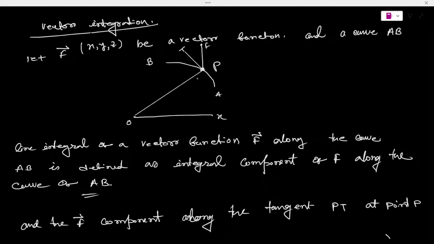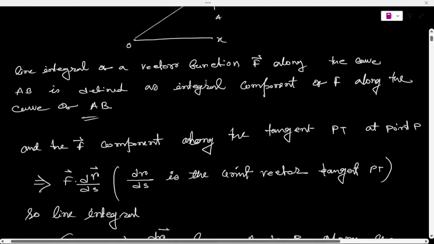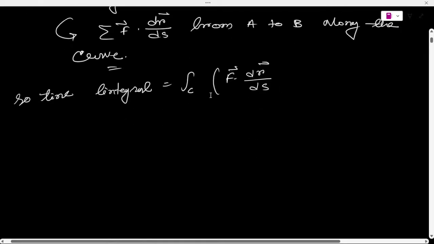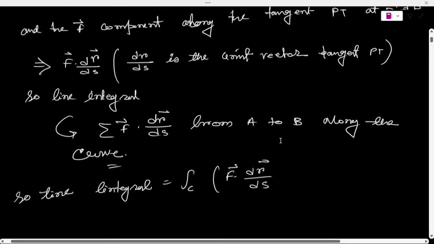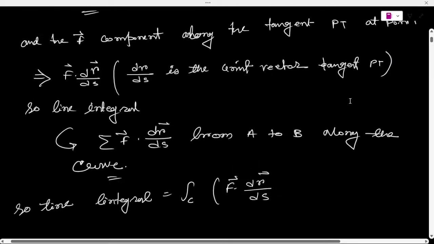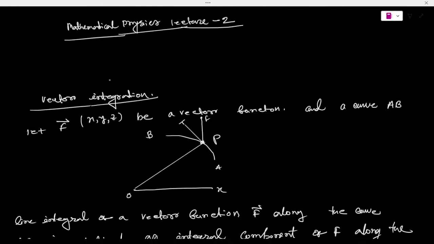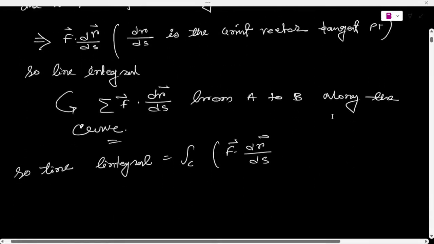And del r by del s represents the unit vector along the tangent of PT. So del r by del s represents the unit vector. So that's the thing.